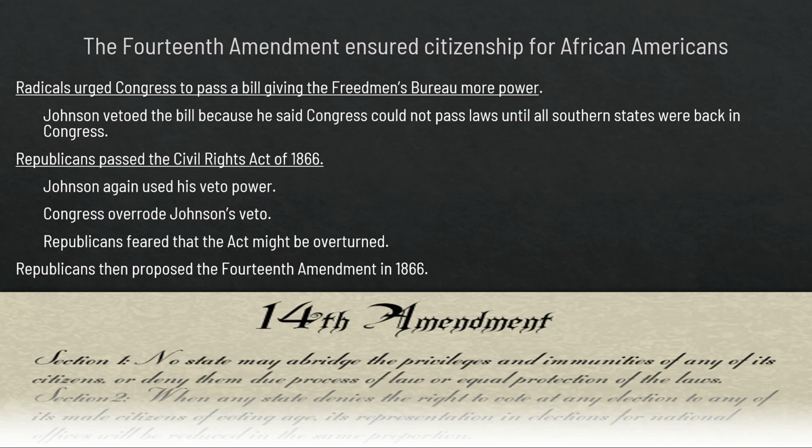This is going to enshrine, it's going to protect in the Constitution the freedom of the African American people, and it's going to make it really hard to repeal. But this is going to be an issue with what's considered the Congressional Reconstruction. You have power shifting away from the presidency and going more towards the legislative branch.